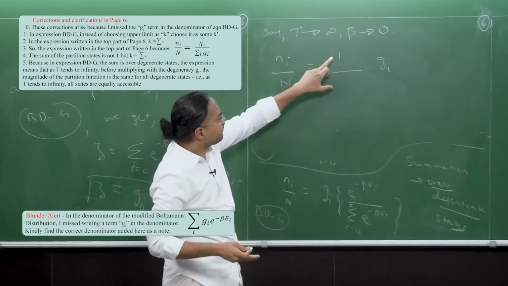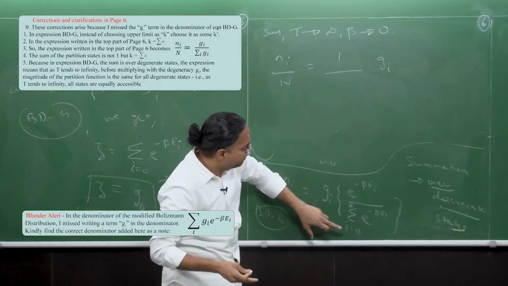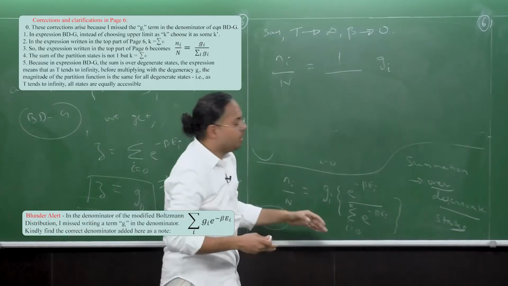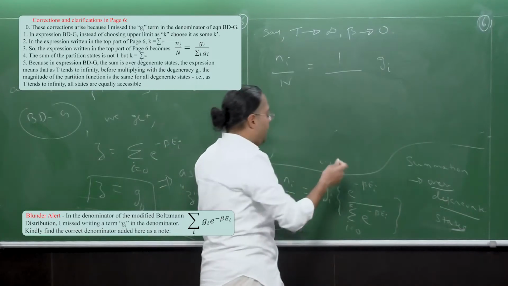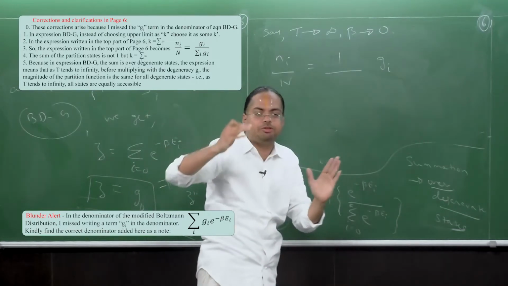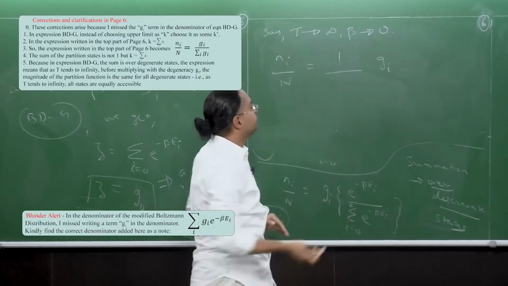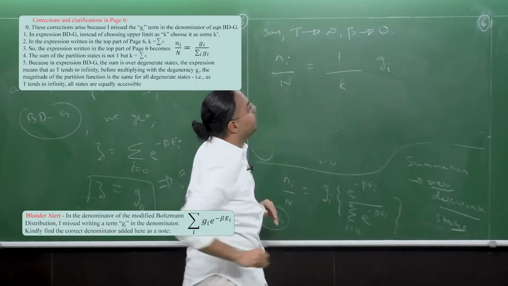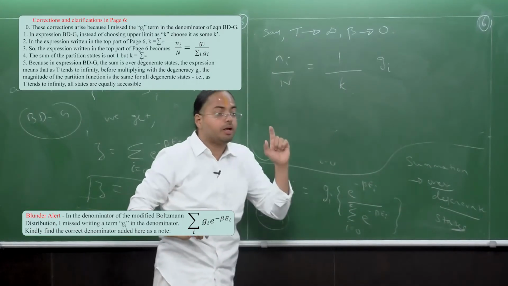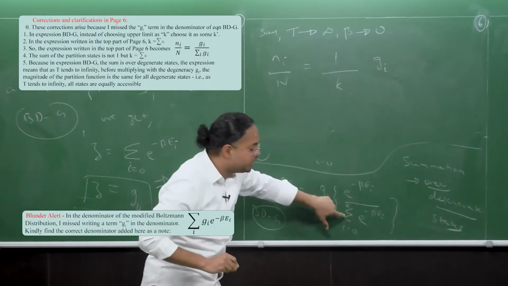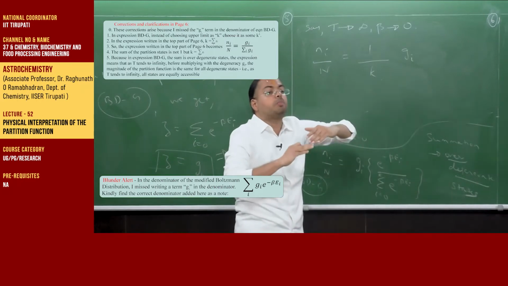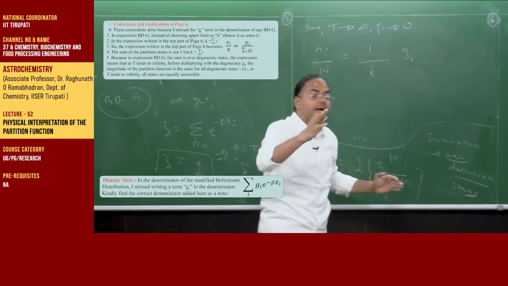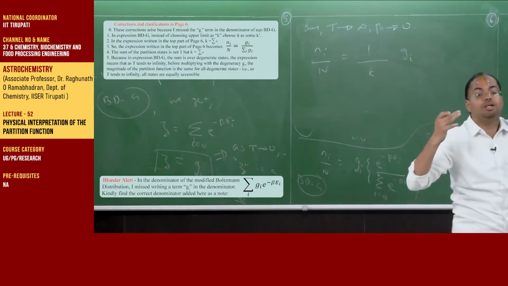So the denominator is a series of 1s with the endpoint some arbitrarily chosen k, and I'm adding 1 k times. So this is going to be something like gi by k. The fact that my partition function is a sum of 1s all the way up to the k states indicates that all my states are equally accessible.